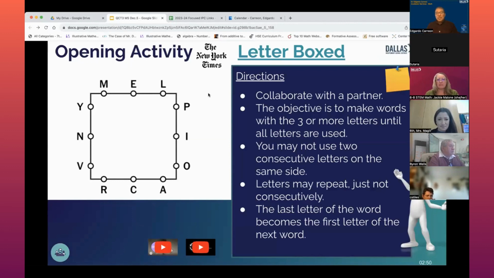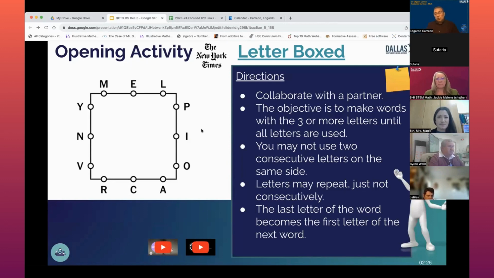Jackie will put in the chat the link for you to access an additional or alternative slide deck where you will see this one activity as well. And if you want to use your annotating tools on your screen, you can use that. So this activity is very interesting.